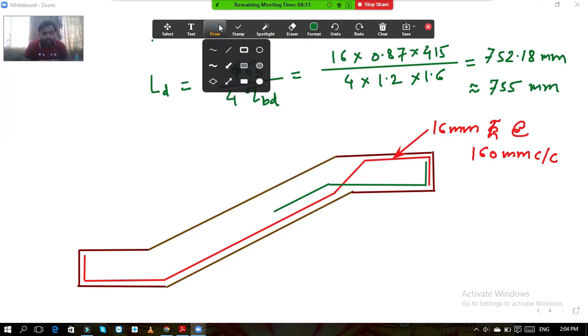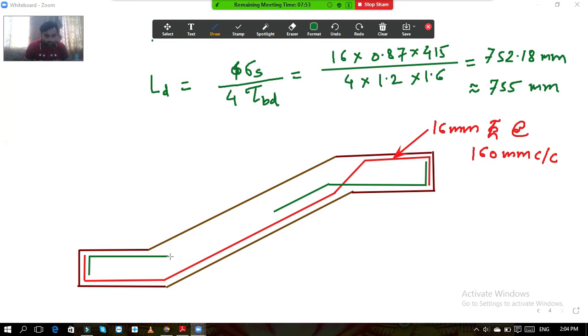Similar kind of bar is provided at this point also, here at the first landing, and that bar I will draw now. You draw the reinforcement details with me. So now here the second bar is like this only.